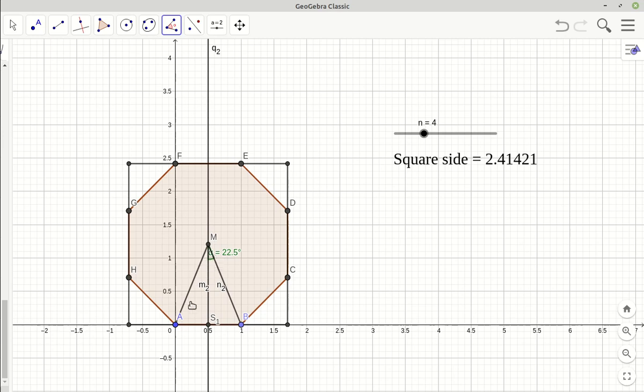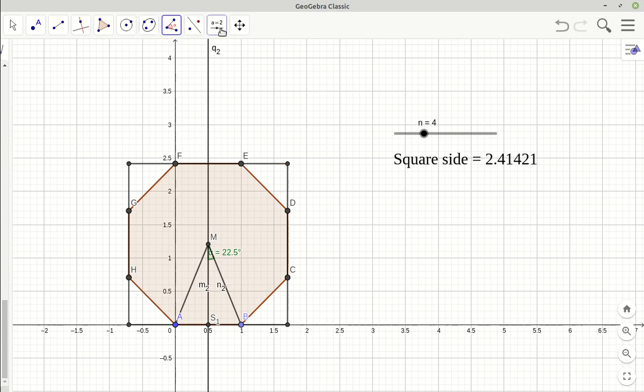In the general case, we see that it's half of 1/8 of full turn, where 8 is right now the number of these vertices, or 2n. So we divide this full turn, which is 2 pi or 360 degrees, by 2n, and then again by 2, so we divide it by 4n.